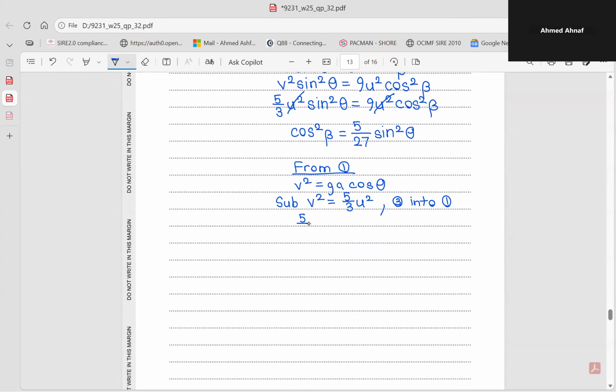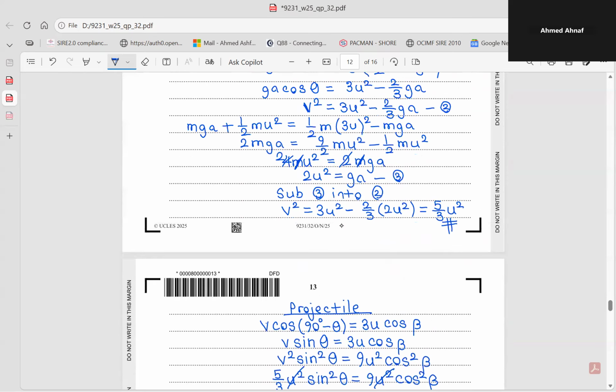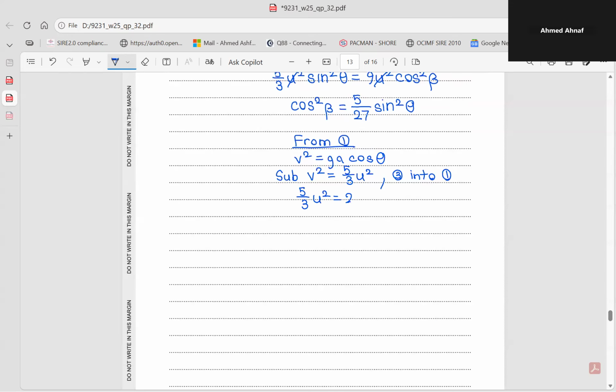So then you'll get 5 over 3 U squared equals GA, which is 2U squared cosine theta. Okay, so cosine theta, you will get 5 over 6.